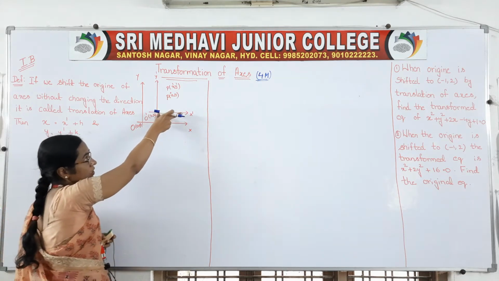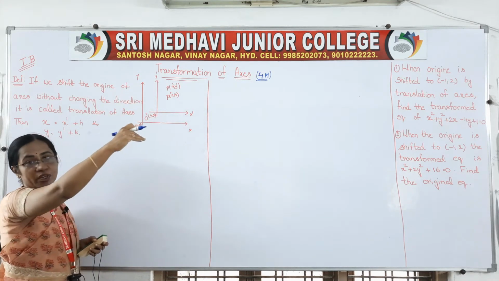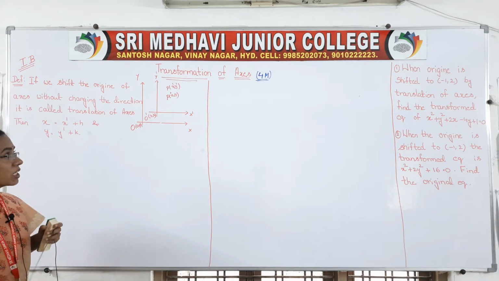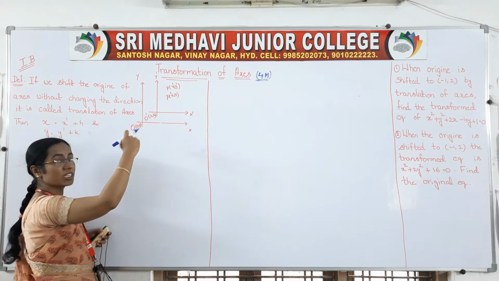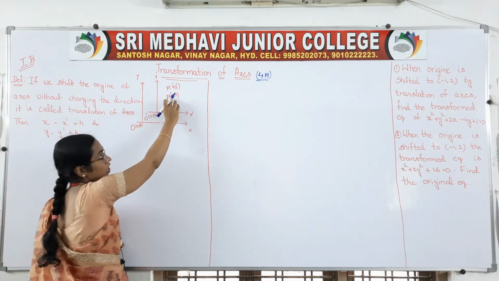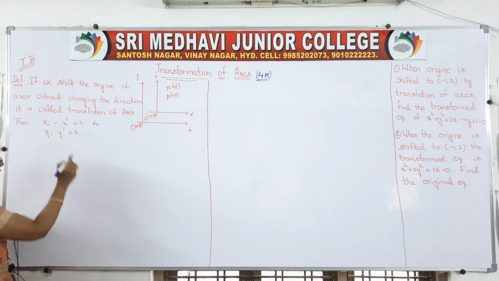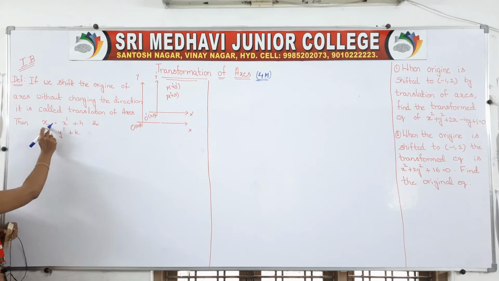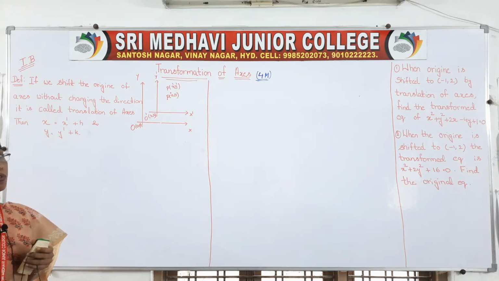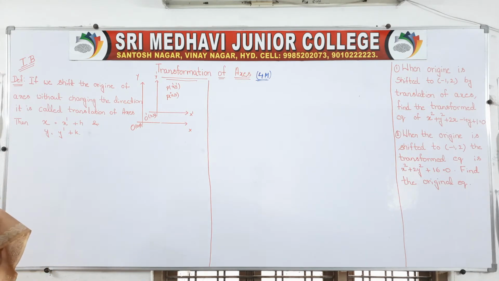So now this is your new axis, XOY is the original axis, that is your transformed axis. If there is a change in the axis, definitely there will be change in x and y values. So what are the changes in x and y values after the translation of axis? If we shift the origin, then it is called a translation of axis.